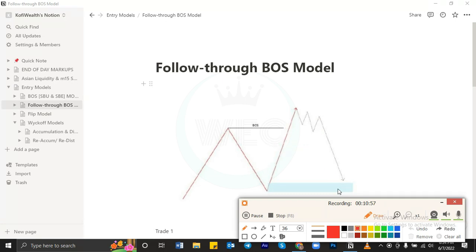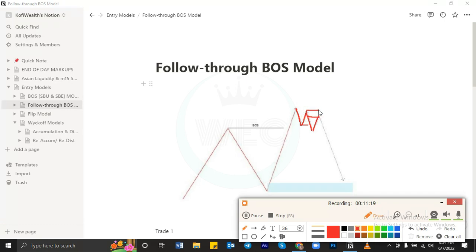Whereas in this case, with this kind of entry model, price will do something like this: first push, second push, and third push. Immediately I see this, I am convinced that weakness has set into the market, and so I can look for sales. And so you see me start looking for sales right in here.